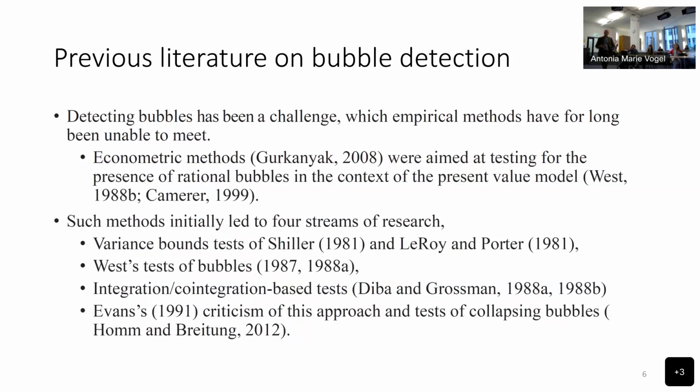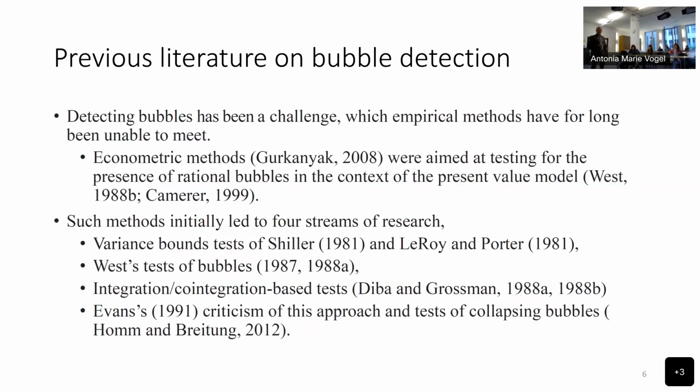This literature is relatively old or young, depending on your point of view. A couple of decades. I quote here some surveys of old work, and we have had a series of alternative empirical methods suggested to deal with that.